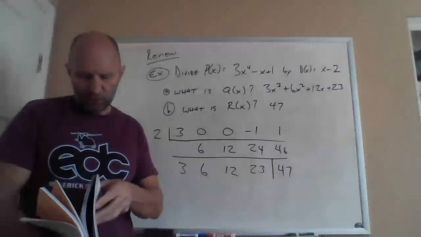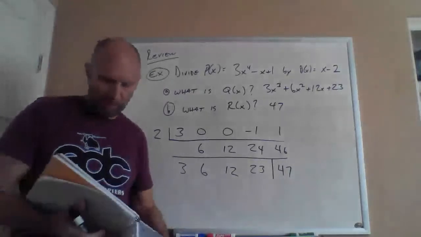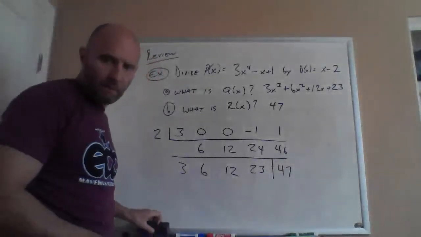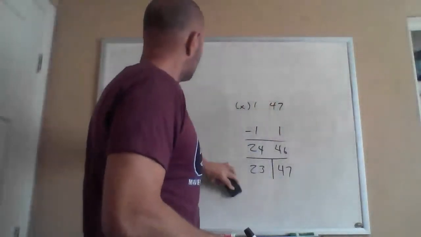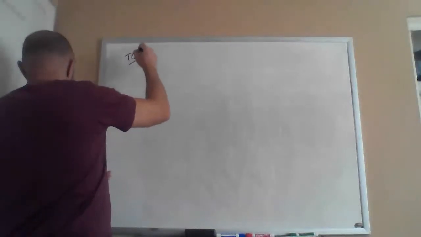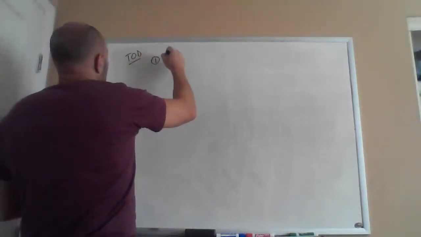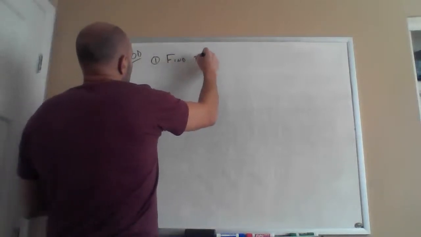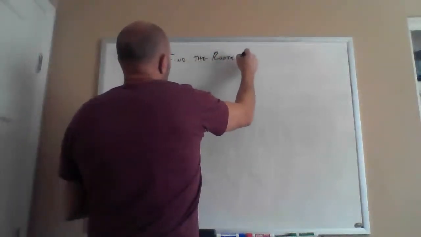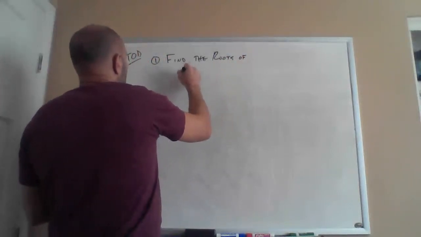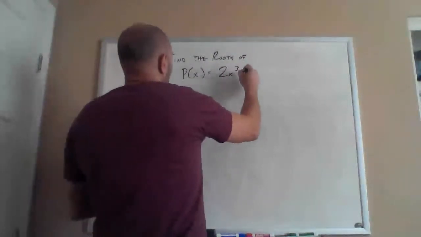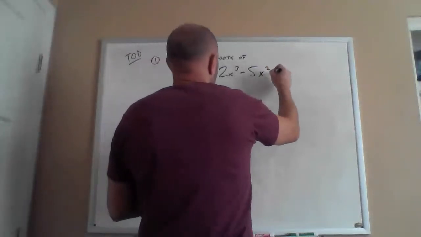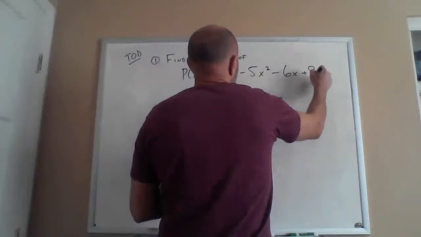All right, so let me give you guys your ticket out the door for today. Number 1, find the roots of P of x is equal to 2x to the third minus 5x squared minus 6x plus 9.